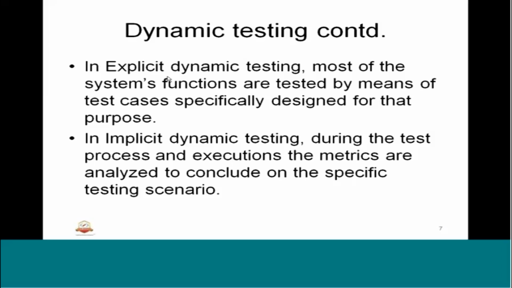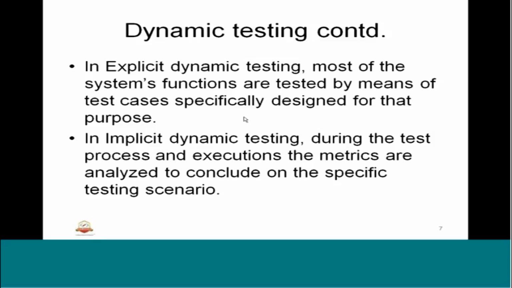In explicit dynamic testing, most of the system's functions are tested by means of test cases specifically designed for that purpose. That means it is basically test case driven. With the help of test cases specifically designed for that purpose, explicitly we will test it.